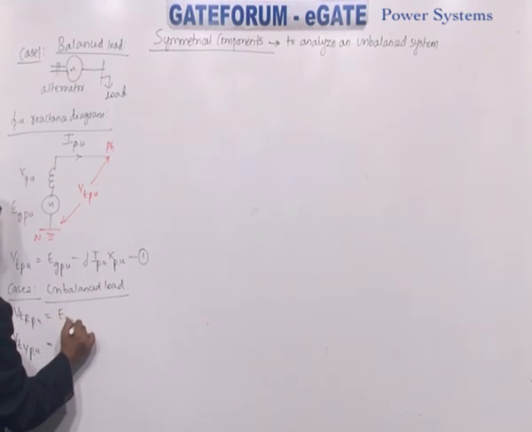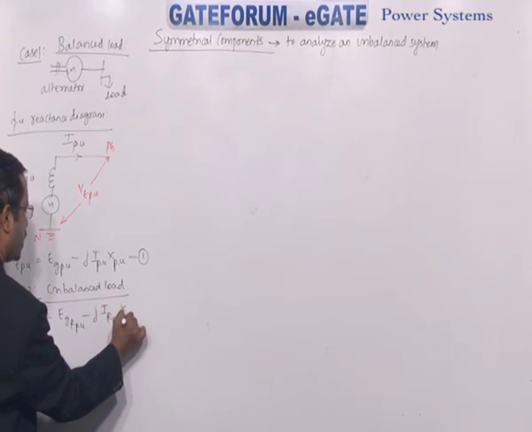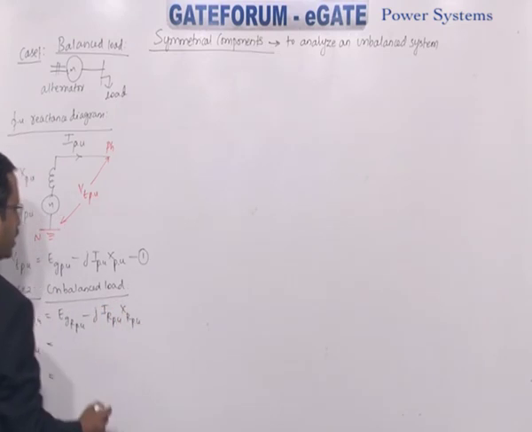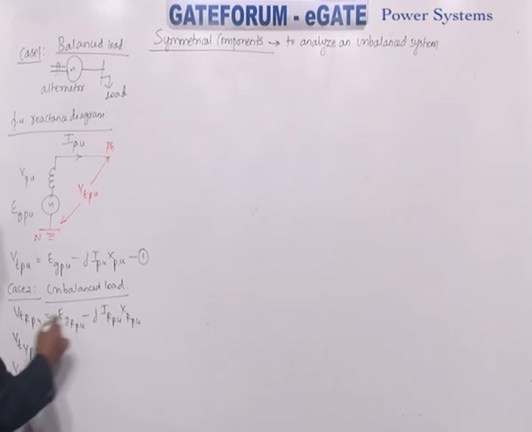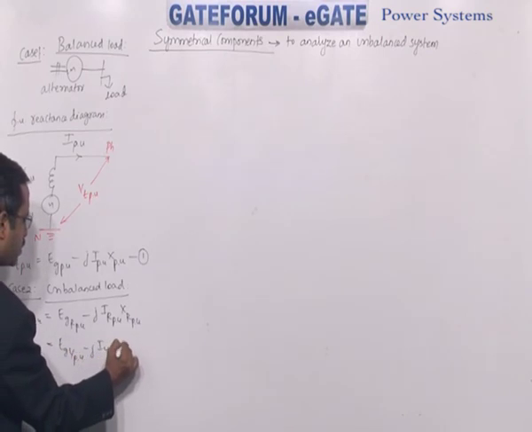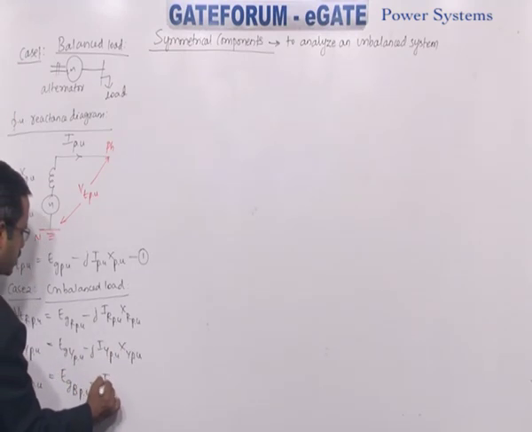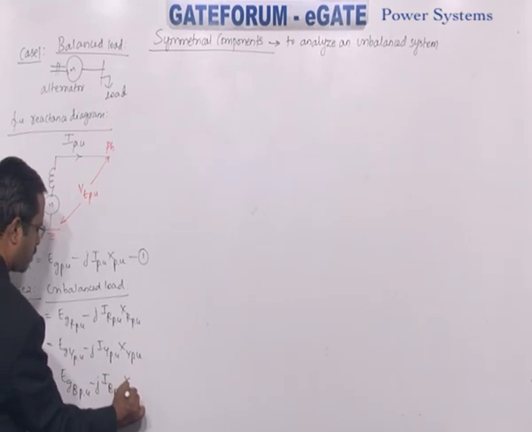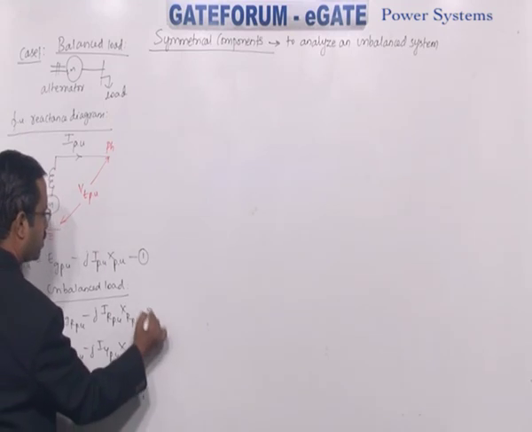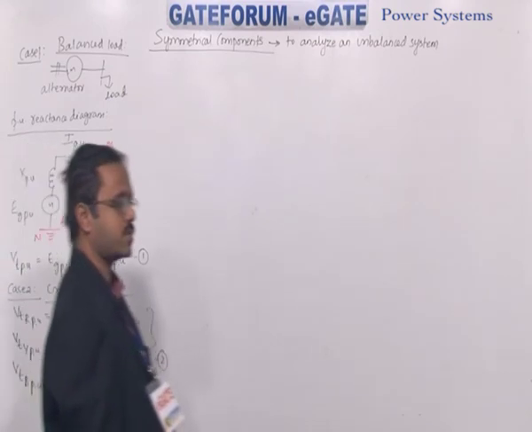VTR is EGR per unit minus j IR XR per unit, with the subscript R for R phase. Similarly, we complete it for Y phase, and similarly for B phase. This is for case 2.